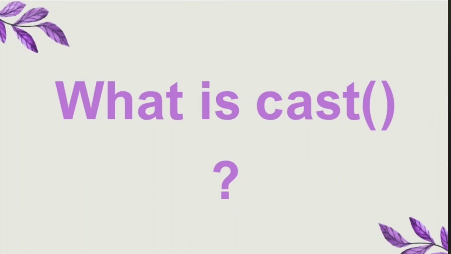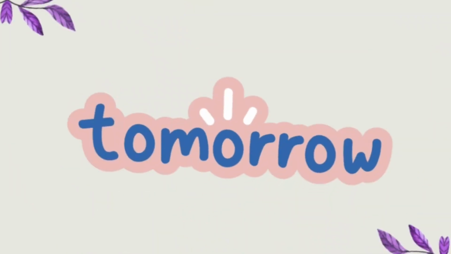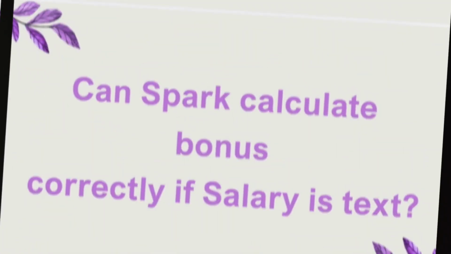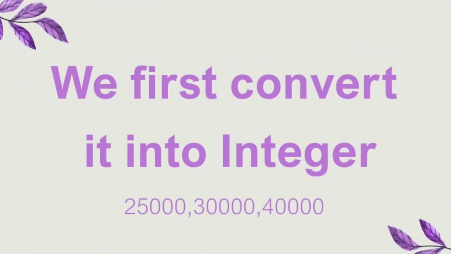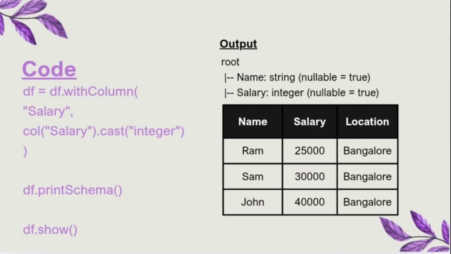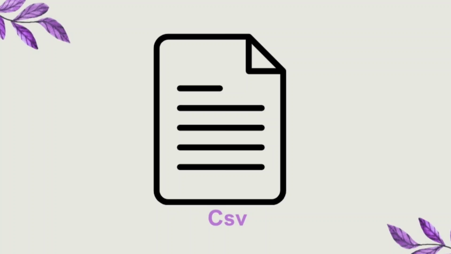Now let's come to our last function, cast. Remember, our salary column is still a string, right? Now suppose tomorrow we want to calculate a bonus. Can Spark calculate bonus correctly if salary is text? Not really. We first convert it into integer. See in this code, earlier salary was string, now it's integer. Why is this important? In real companies, data comes from CSV files.